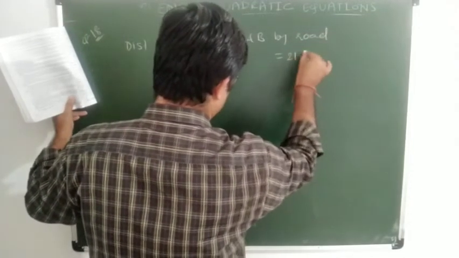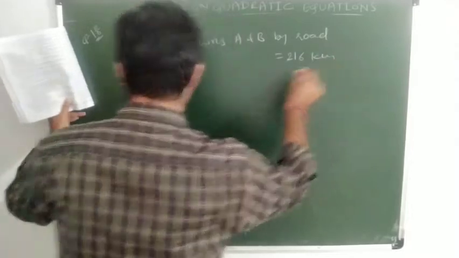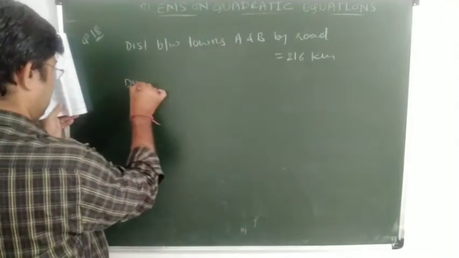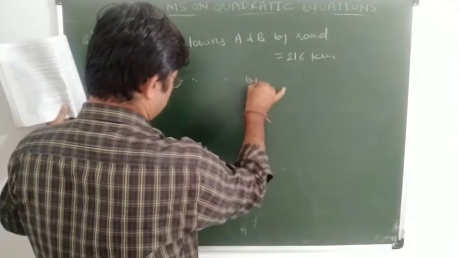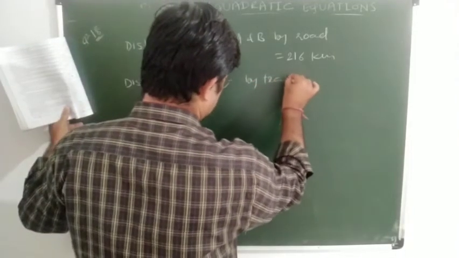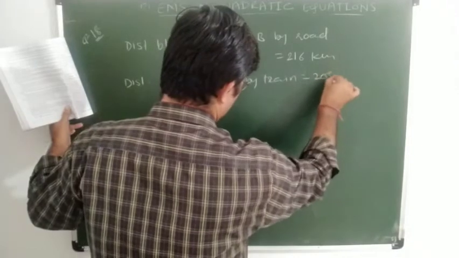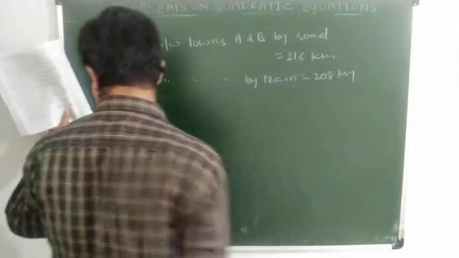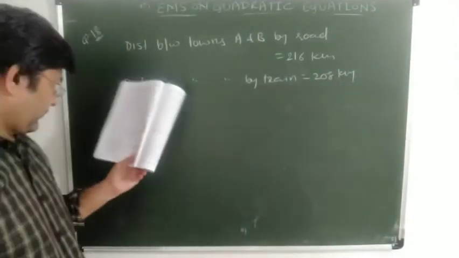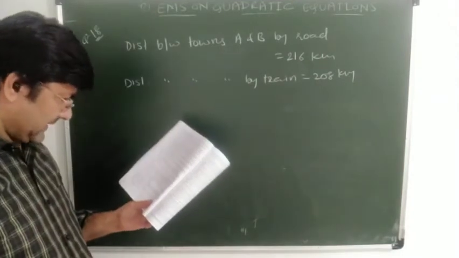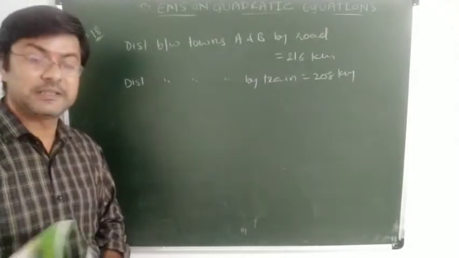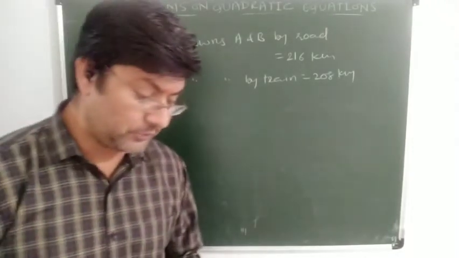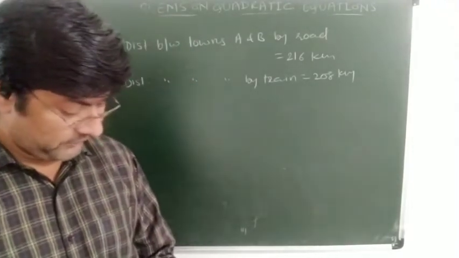is 216 kilometers, and distance between two towns A and B by train is 208 kilometers. Speed of car is x kilometer per hour, and the speed of train is faster by 16 kilometer per hour.